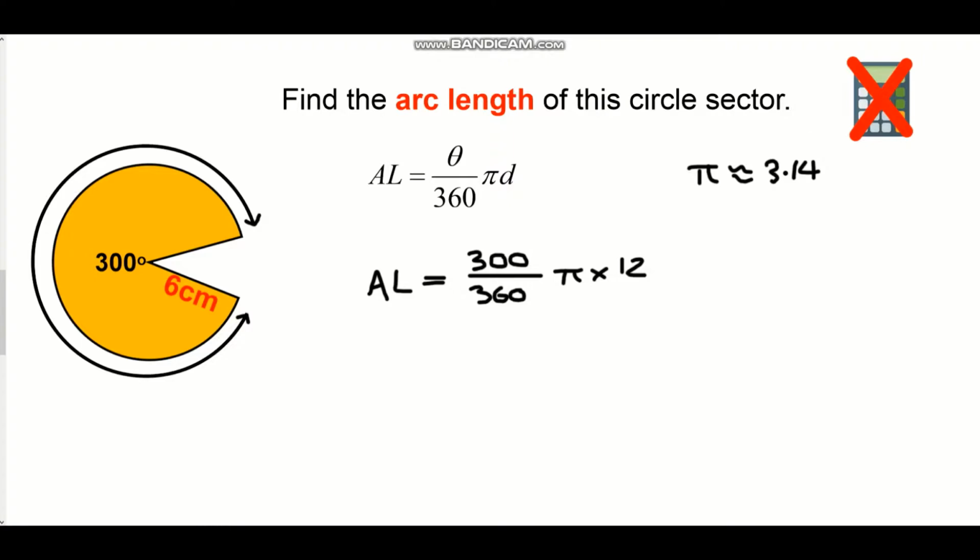Okay, so just to mark that up, highlighter pen. I know this is probably far too much information for you, but just in case people are wondering where this is coming from. So the 300 is theta, that comes from there, and that's 6 centimeters, and that 12 centimeters of length as well.